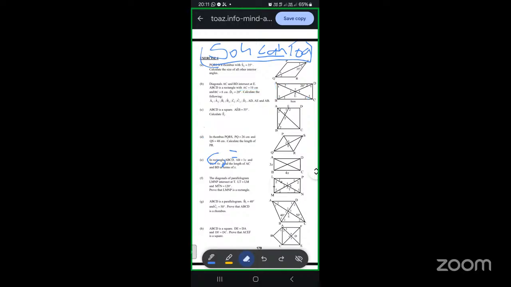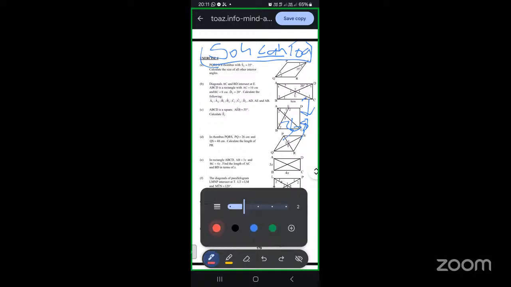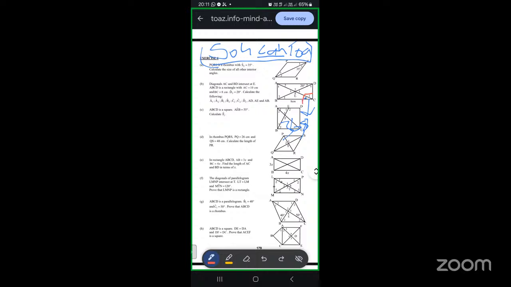Oh, that is C2, not C1. Then let's see. We found this angle as 36.87. If we have that, we now can use this 90 degrees minus the one that we are having, then we can get C1.